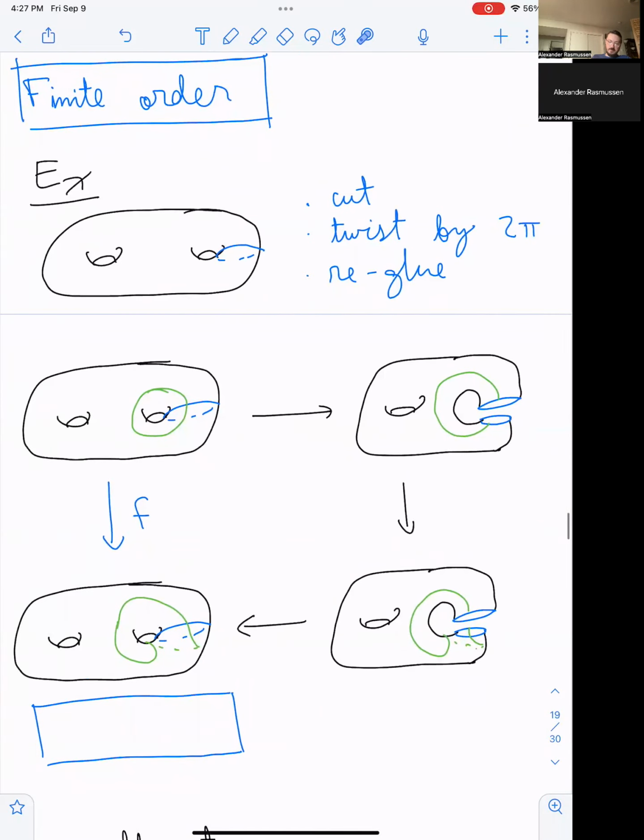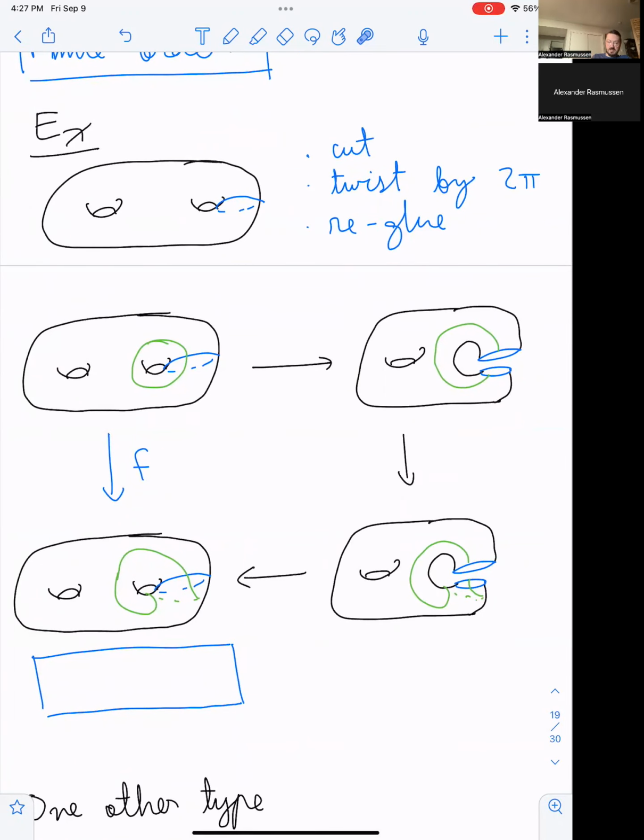Namely, you take the surface, you take this curve, you cut along it, then you have 2 boundary components, and you have tubes connected to these 2 boundary components. You're going to fix one boundary component and take the other and twist it around by 2 pi, and then glue these 2 tubes back together. That's going to define a homeomorphism of your surface.